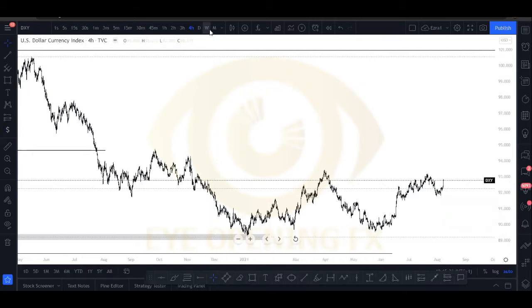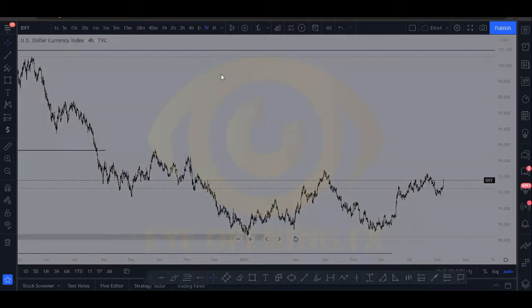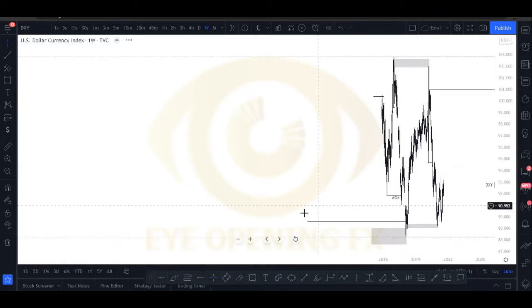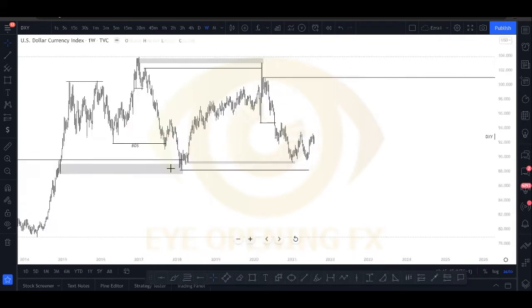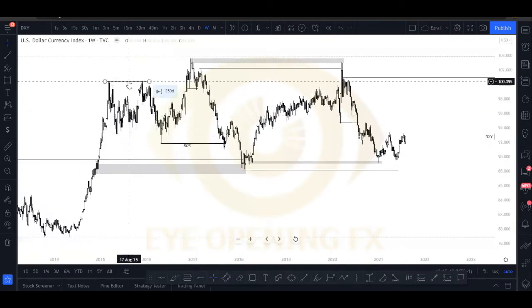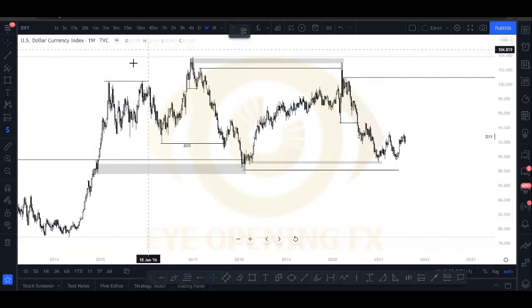So this is DSY from our higher time frame. In this area we have the characteristics of a strong high here.